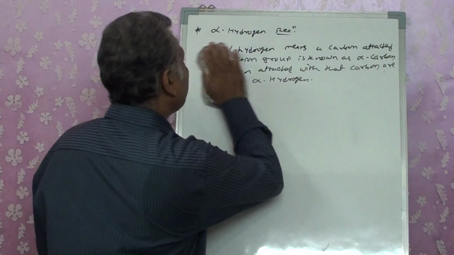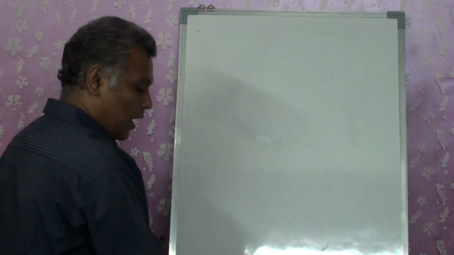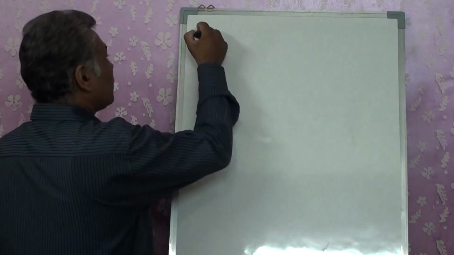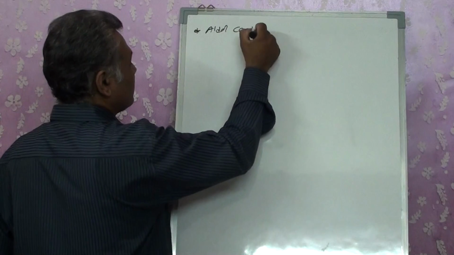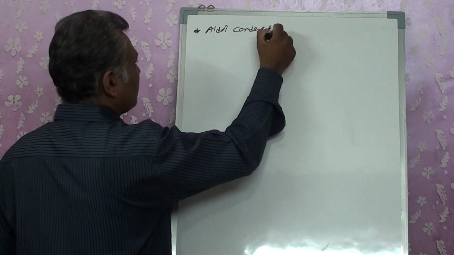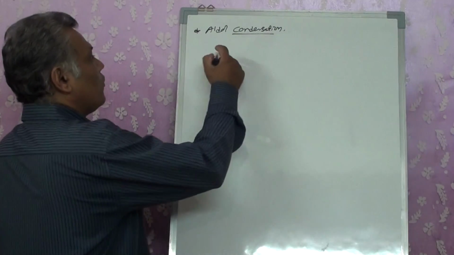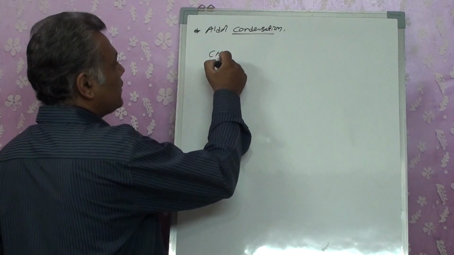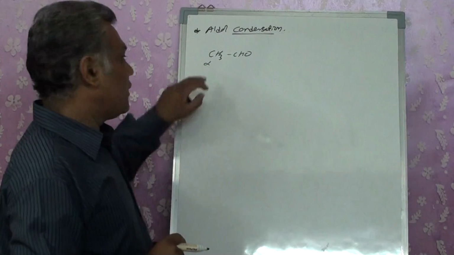Those compounds which have alpha hydrogens go for aldol and cross aldol. So first of all we will understand aldol condensation. If we have CH3CHO, that means the alpha carbon is there, so it contains alpha hydrogen.